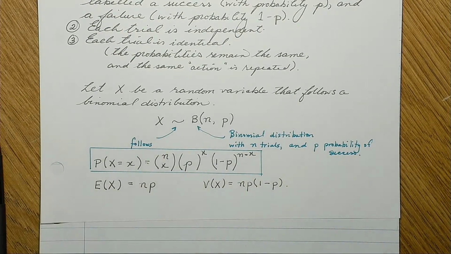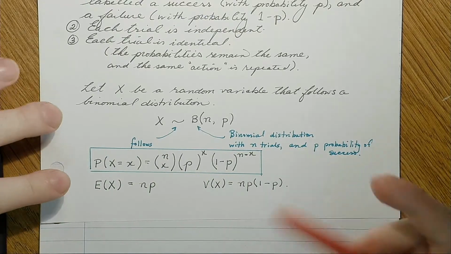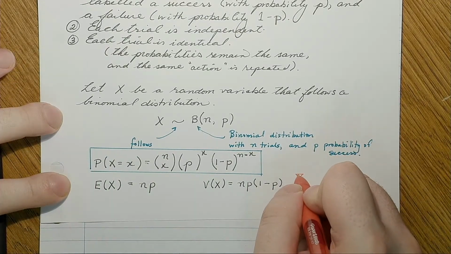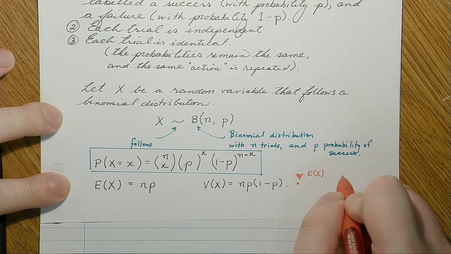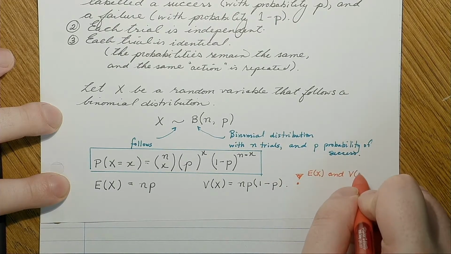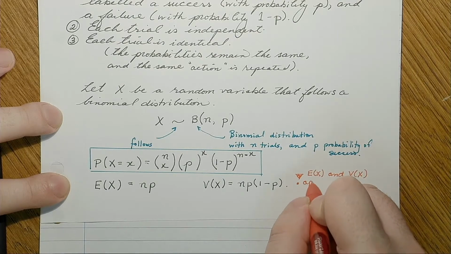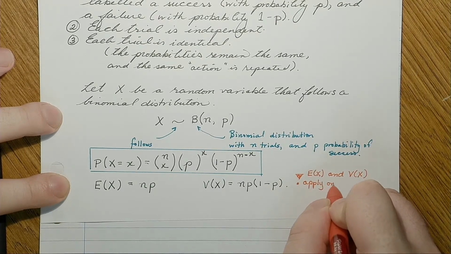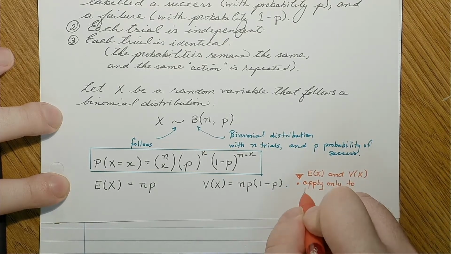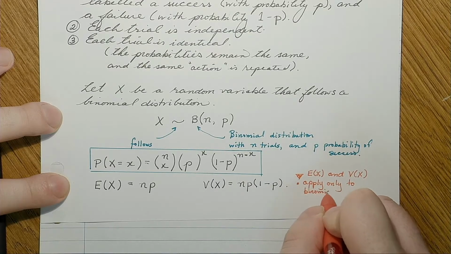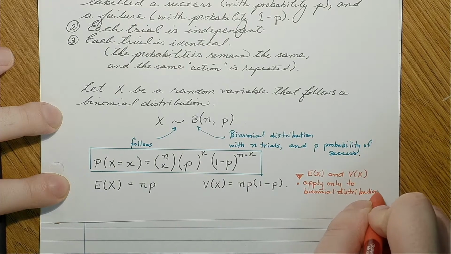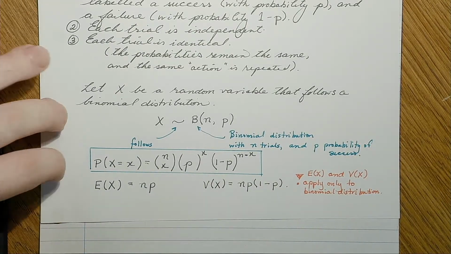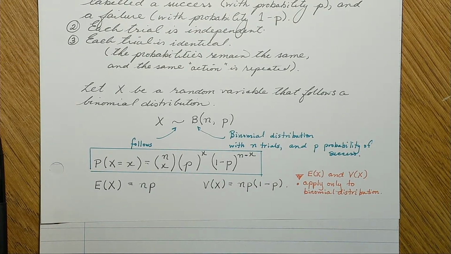Now just be very careful. These E(X) and the Var(X) formulas apply only to the binomial distribution. Okay? If it's not a binomial distribution, then you have to go back and use the general formula.